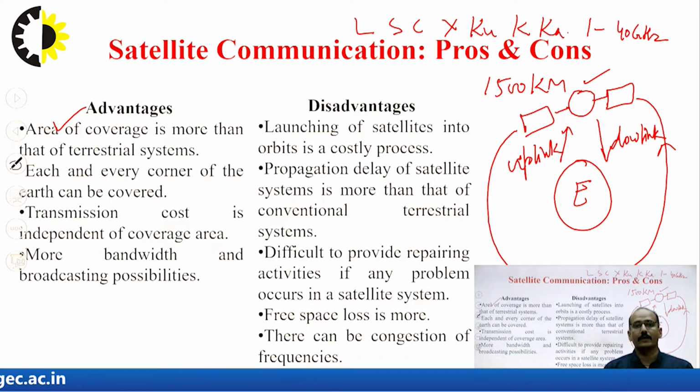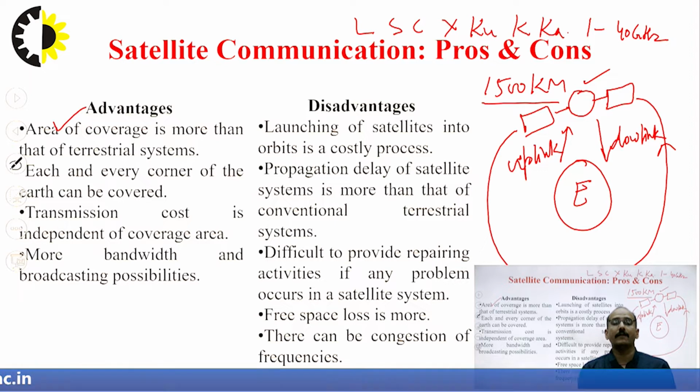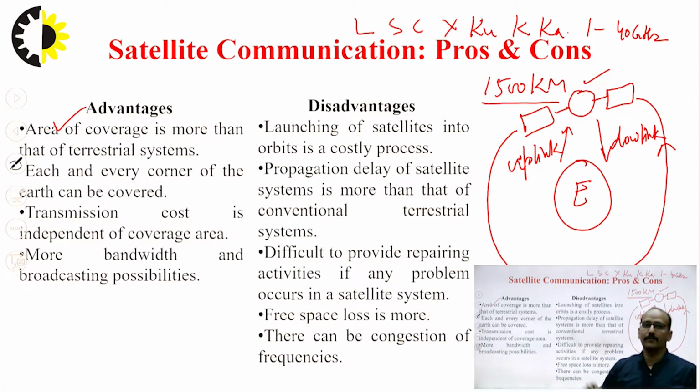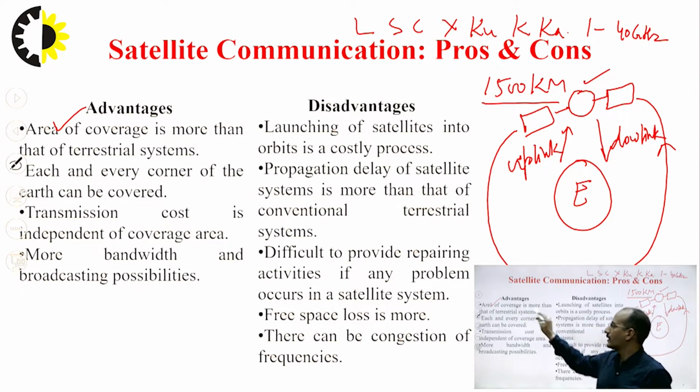As I told you earlier at the start of this syllabus, in the terrestrial system we are using sky wave or ground wave propagation, and for these we are limited to only 1500 kilometer. When we require communication beyond the 1500 kilometer range, we require satellite communication, and it gives us a larger area of coverage than the terrestrial system.